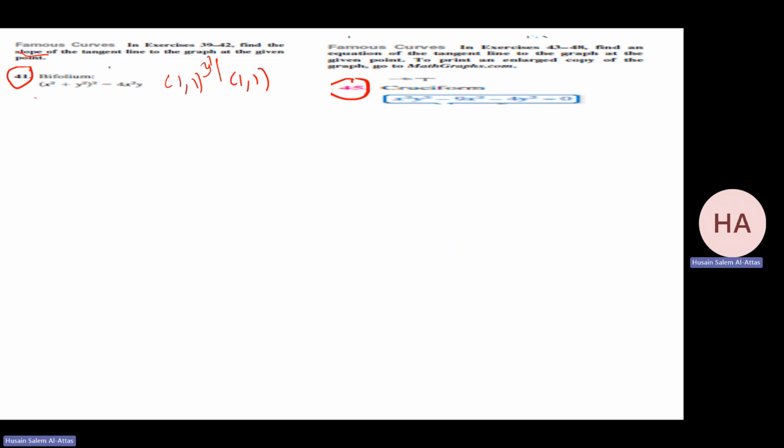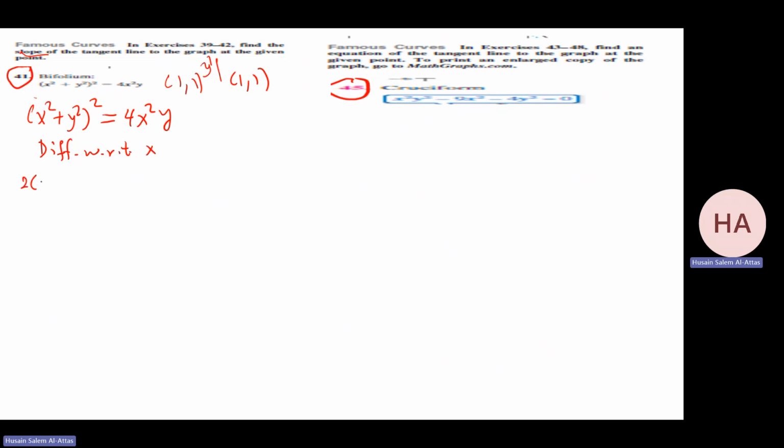So differentiate. But first I need to write the relation: x squared plus y squared equals 4x squared y. Now differentiate with respect to x.